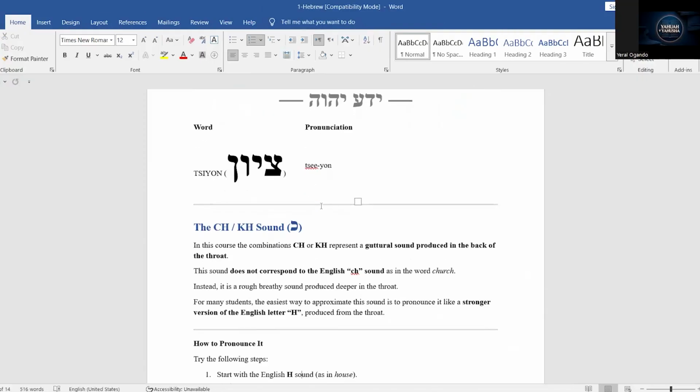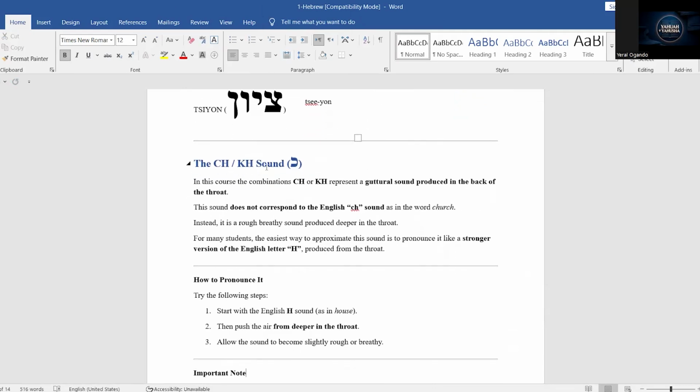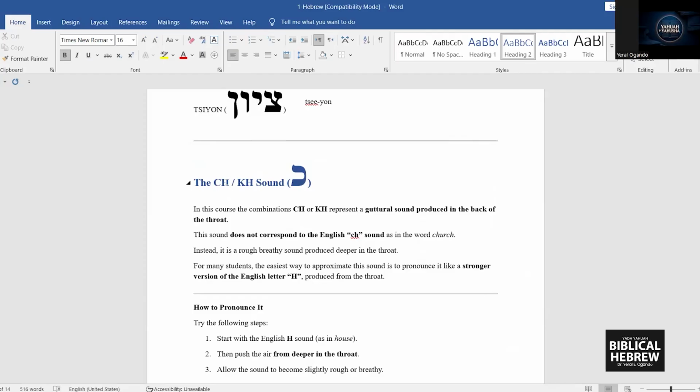Let us move on to another strong sound. There's a difference with this. This one is kaf, okay? This letter is kaf. In many cases, you're going to find transliteration like ch, and in other cases, you're gonna find like a kh. But this is very, very important.